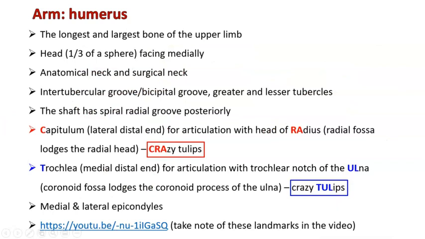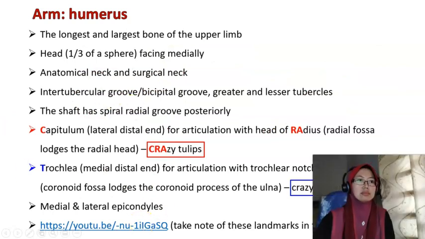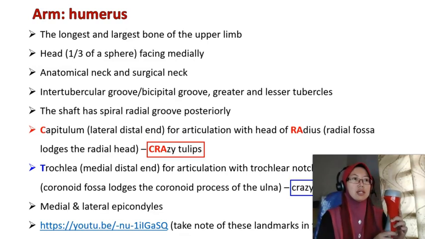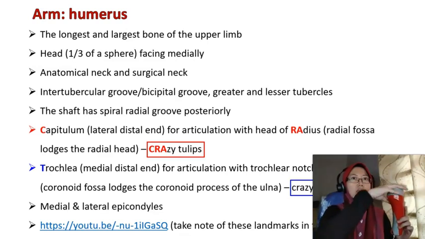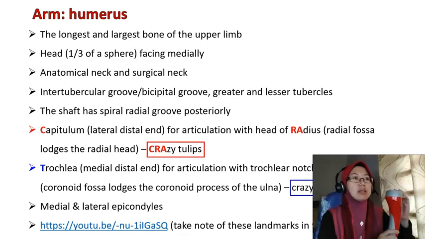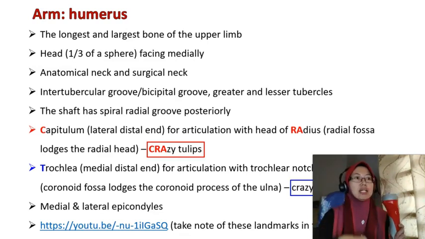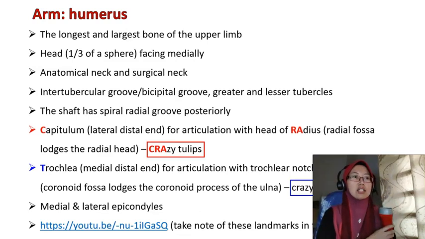Next is humerus. This is your humerus. This is the head. This is the longest and largest bone of the upper limb, and this is the head facing medially. This is a right humerus, with the head facing medially.